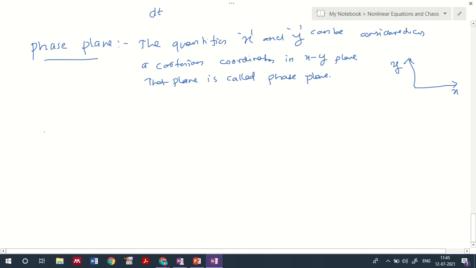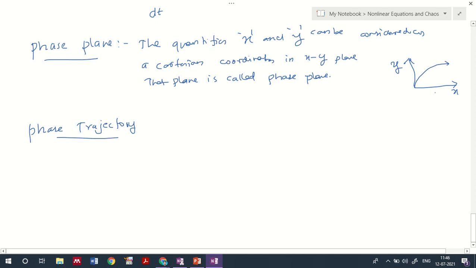Now the next term I would like to introduce is the phase trajectory. What does phase trajectory mean? If x is varying and y is also varying, and correspondingly there is a motion, this is a representation of a trajectory or a curve with respect to the change in x.